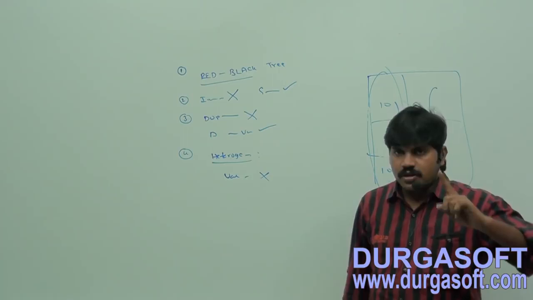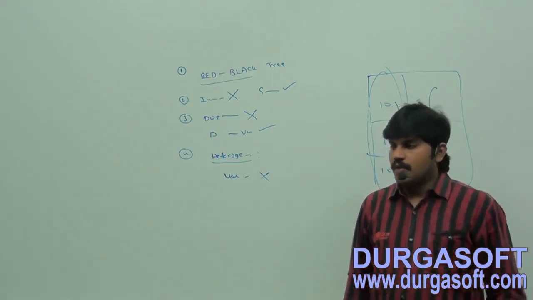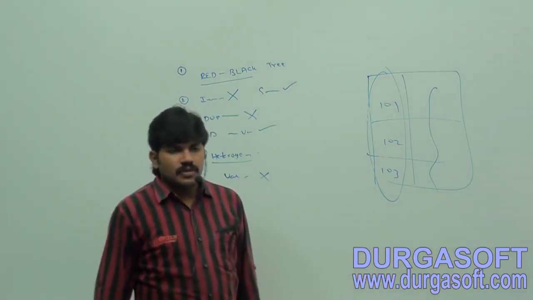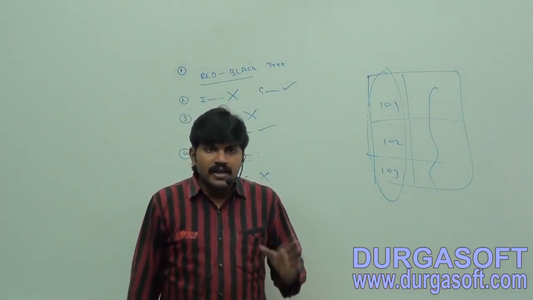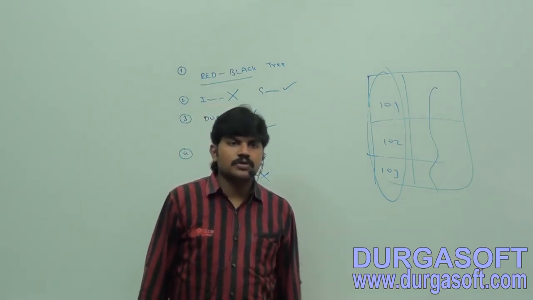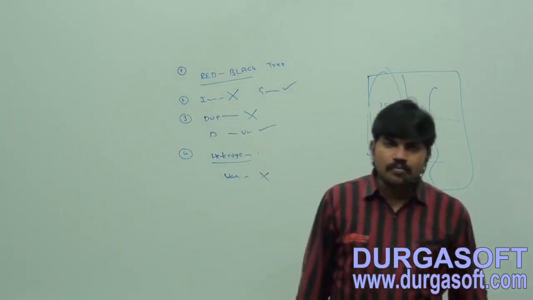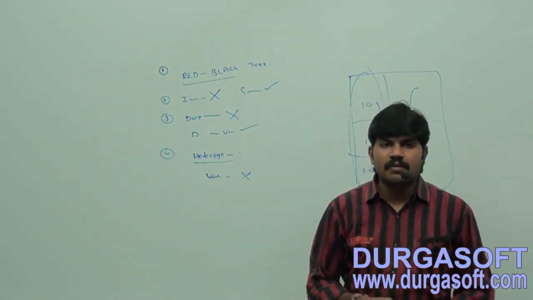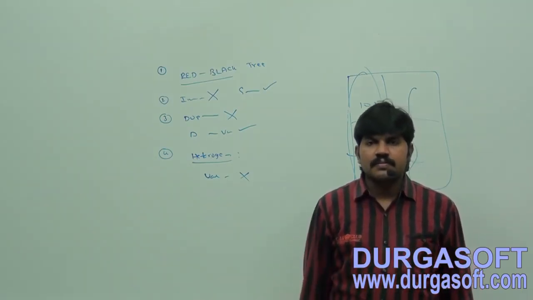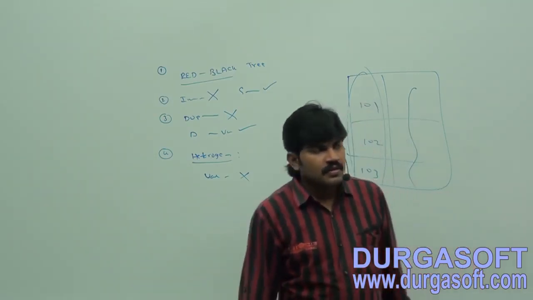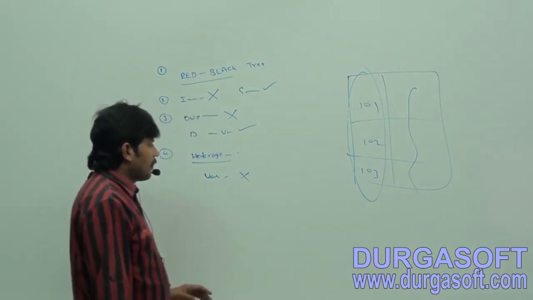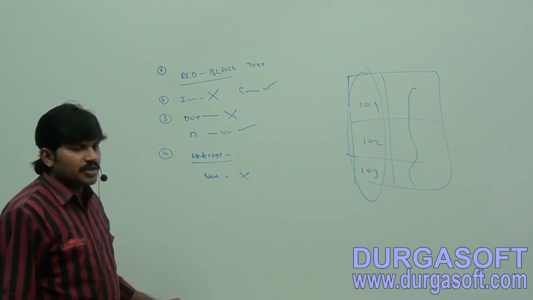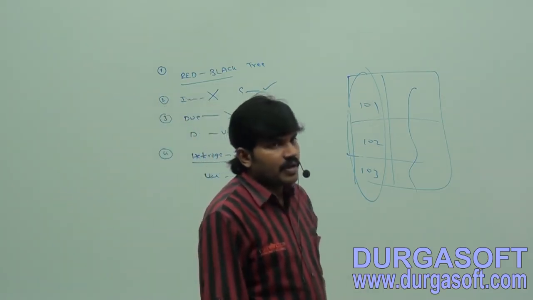Okay, next, if we are defining our own sorting by comparator, then keys need not be homogeneous and comparable.